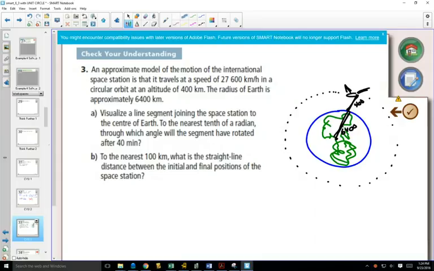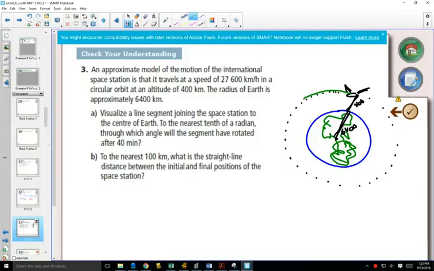To the nearest tenth of a radian, how much will it rotate in 40 minutes? How far will it have gone? How much will it rotate? Well, first of all, we need to know how far along here you would actually go. How do we calculate that? We know how fast it's going.